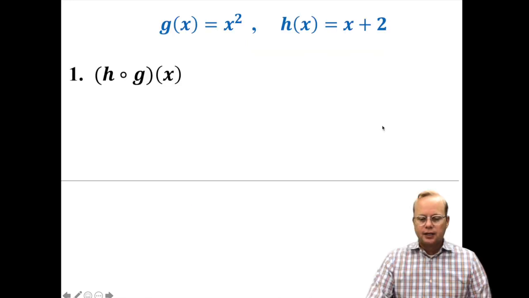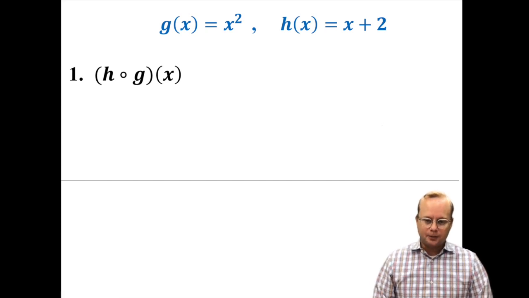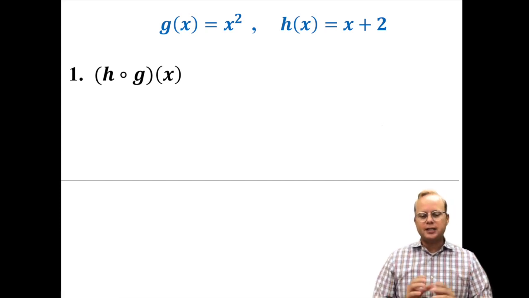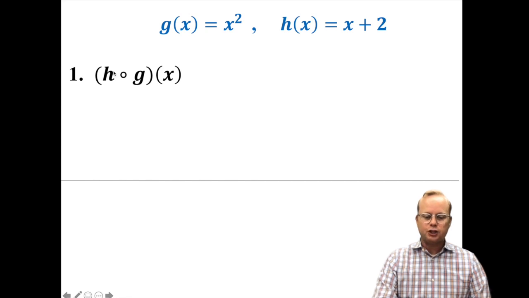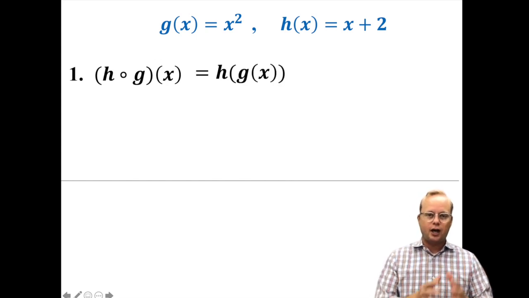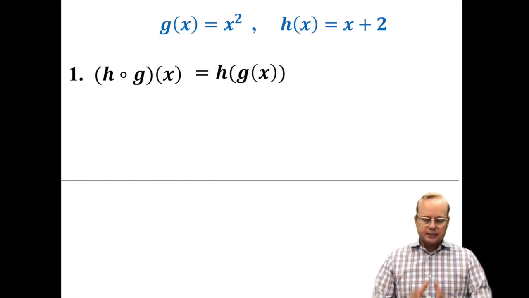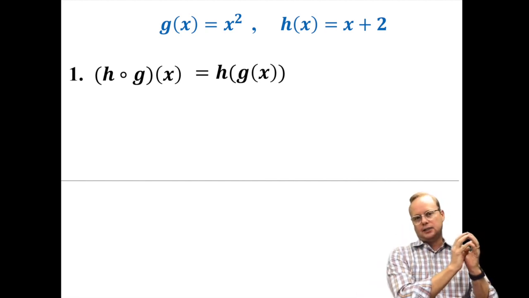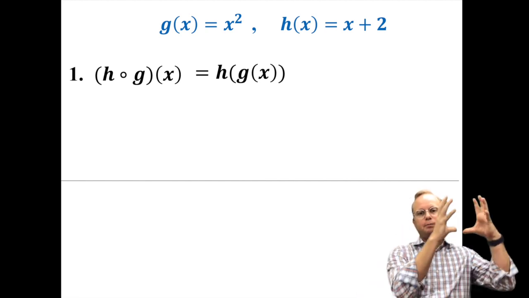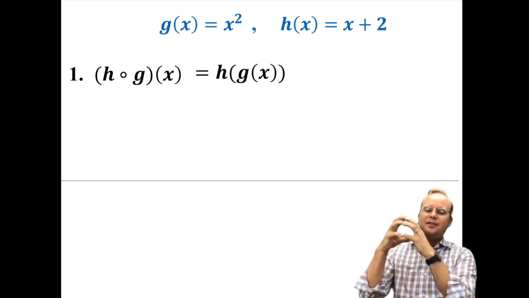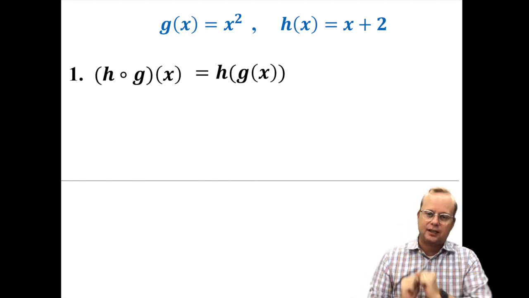All right. Now we're going to get into a little bit more difficult ones. Okay, so this notation here is not a multiplication symbol. This is h of g of x. And it's also written like this sometimes, h of g of x. And what this basically means is whatever comes second, we're going to take that entire quantity and plug that entire quantity in for x on the other problem.